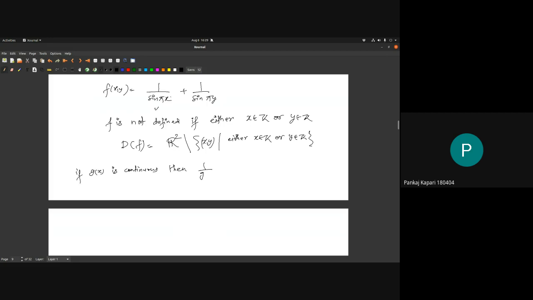Then 1 over g(x) is also continuous, except at those points where g(x) takes value 0.